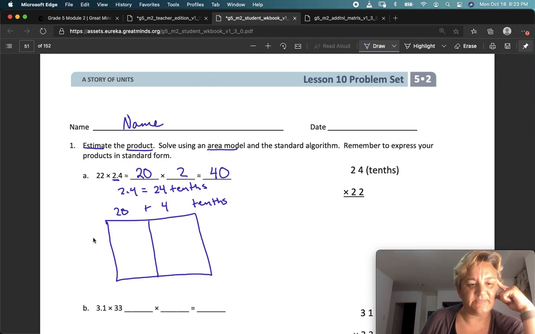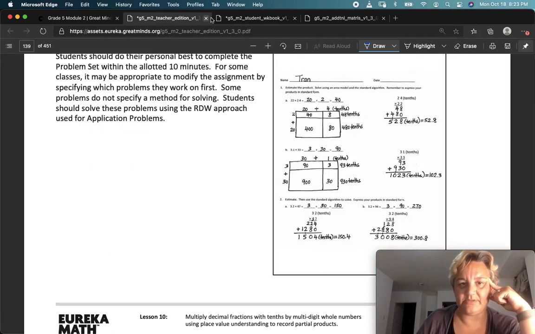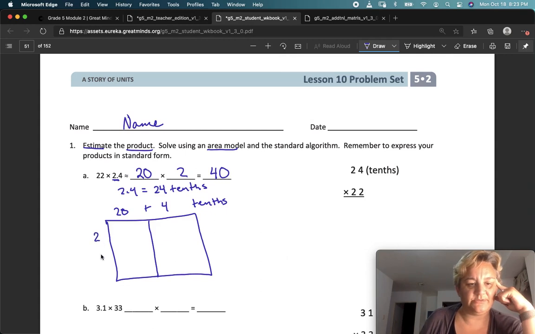And then here I can just multiply by, did they have the 20 on top or the 2? They had the 2 on top. So 20 times 2 is 40, and 2 times 4 is 8, and that gives me 48 tenths.